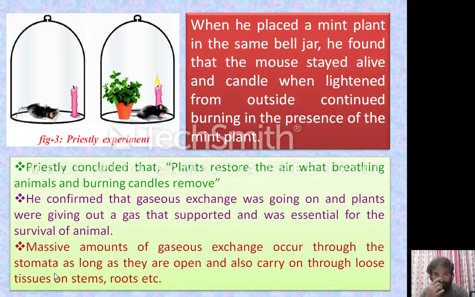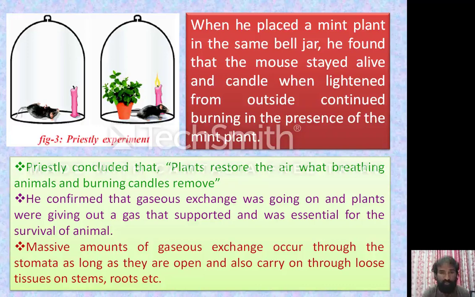A massive amount of gas exchange occurs through the stomata. The stomata are small pores present on the surface of the leaf. When they are open, they release oxygen towards the outside in the process of photosynthesis. Gas exchange also occurs through loose tissues, stems and roots, some of which also have pores. Through those pores the gases are exchanged between the environment and plant tissue.